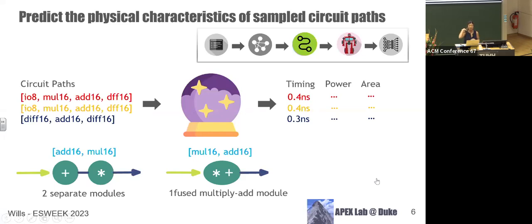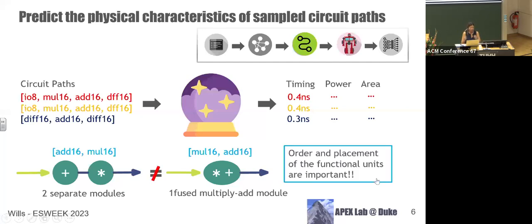And there are actually thousands of these paths, okay? So we cannot use simply a linear regressor. Instead, we have to use a smarter predictor that actually takes into account the order and the placement of the functional units in relation to other functional units, okay?